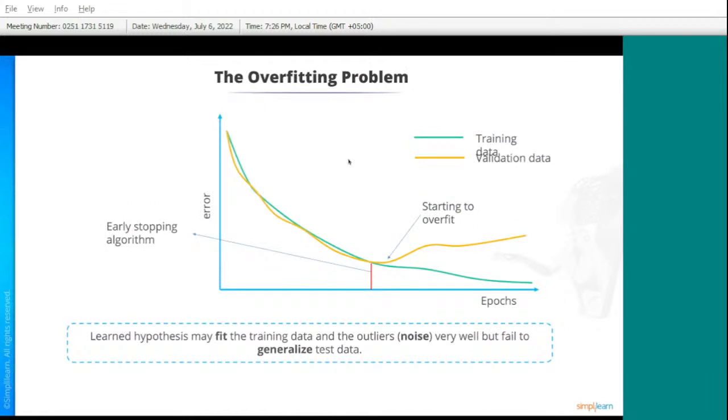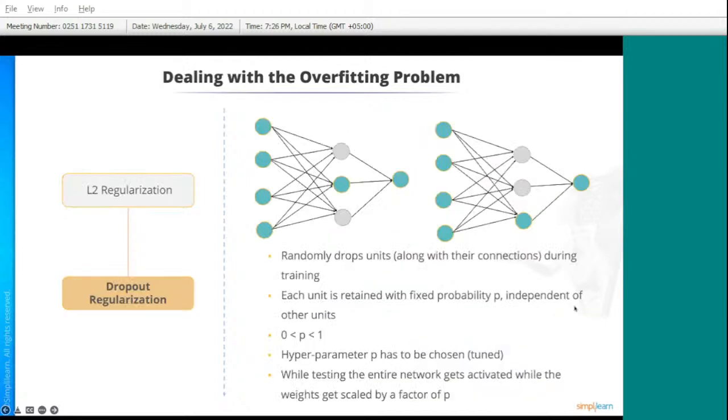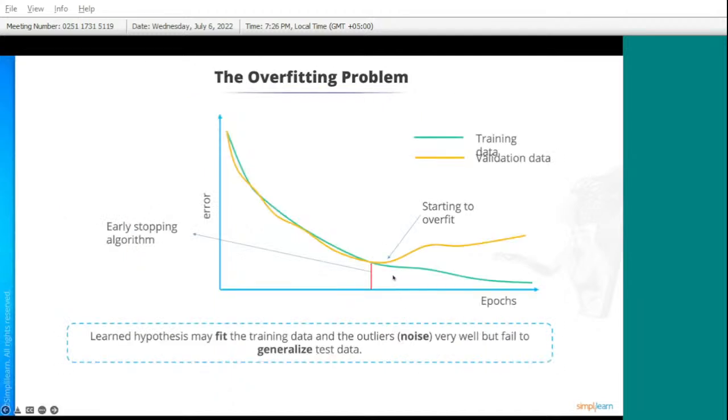This is a very typical graph, the same thing we have in traditional machine learning. If your epochs are on this axis and your error rate on this one, your green line is your training data. If the green line is going down and down, it is just trying to learn a lot.